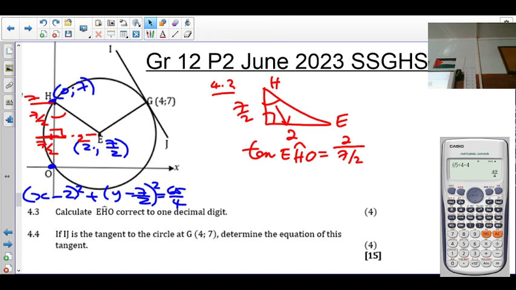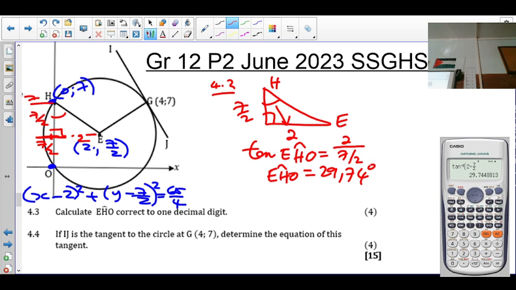So we go arctan or shift tan of 2 divided by 7 over 2, which is 29.74. So EHO is 29.74 degrees. It says one decimal place, so 29.7.